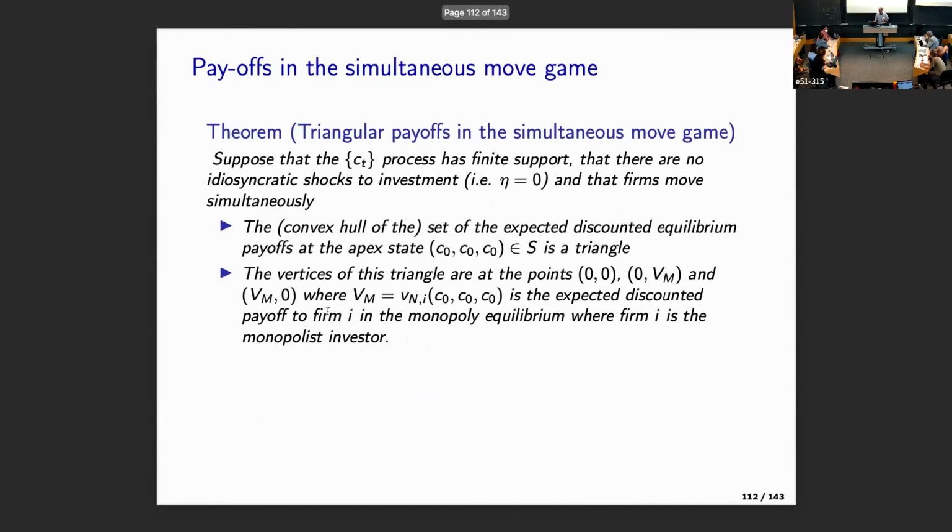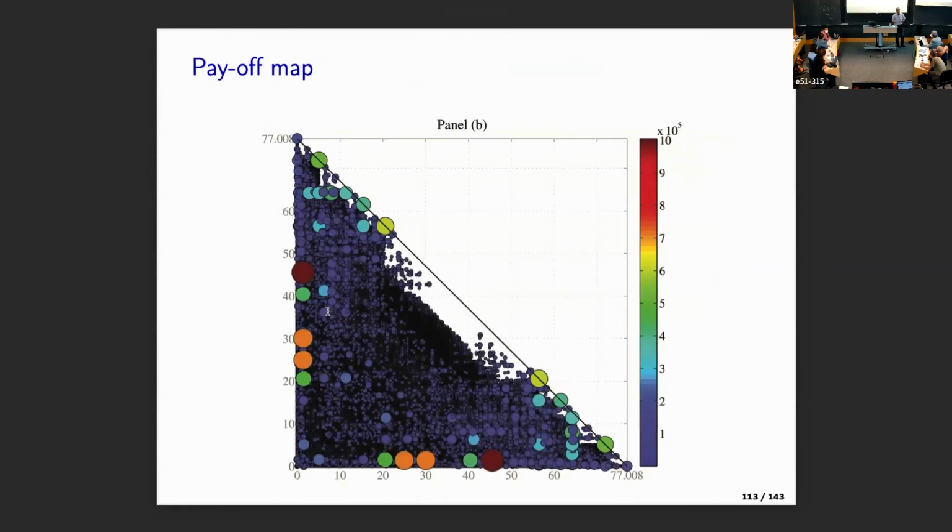Now, once we've computed all of the equilibria, we can start making plots like this. These are the payoffs from different equilibria to the two firms. And the diagonal gives you the expected discounted value for the monopolist, so the expected profits from the monopolist.